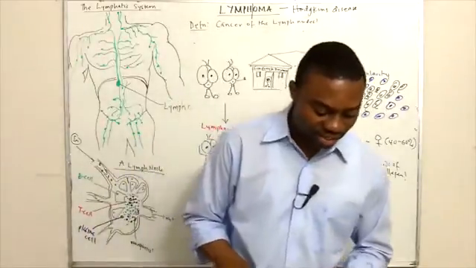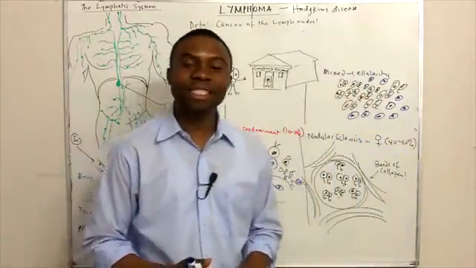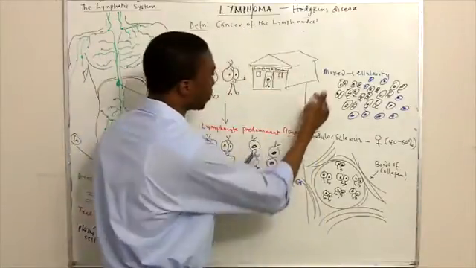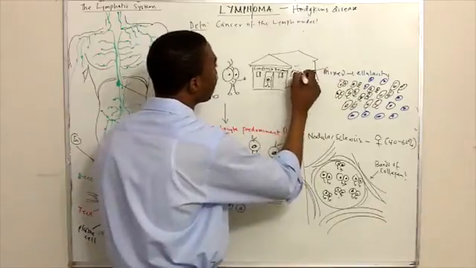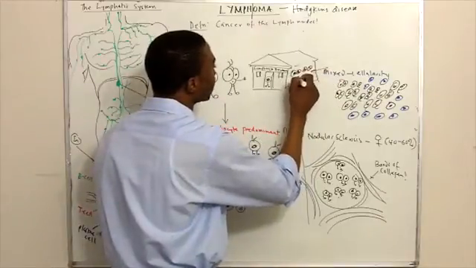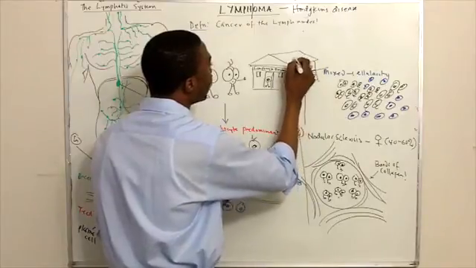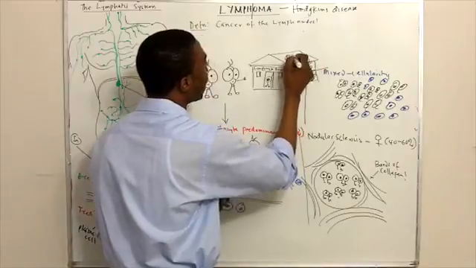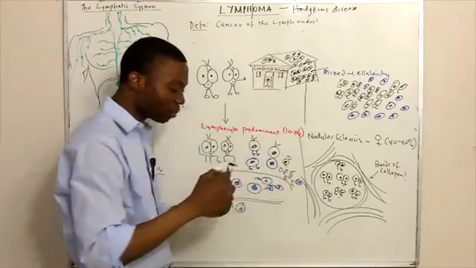The last stage is now we have lymphocyte depleted. What happened eventually is we're going to go back into the house. When the entire house was filled with Reed-Sternberg cells, all the lymphocytes were killed one by one.